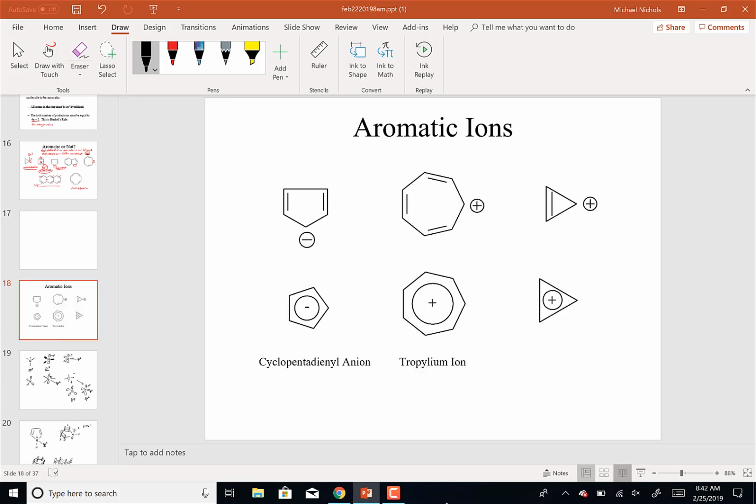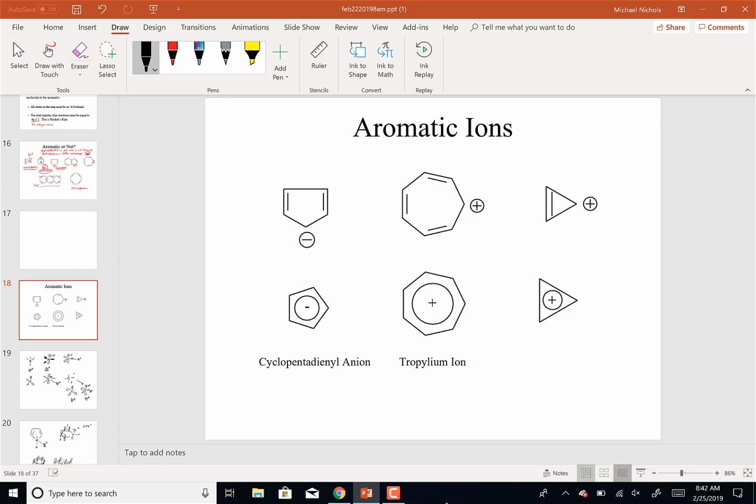Our last thing to talk about with aromatics is very similar in terms of ions. Now, when we talk about aromatic ions, the first thing is like, well, how can an ion be super stable?